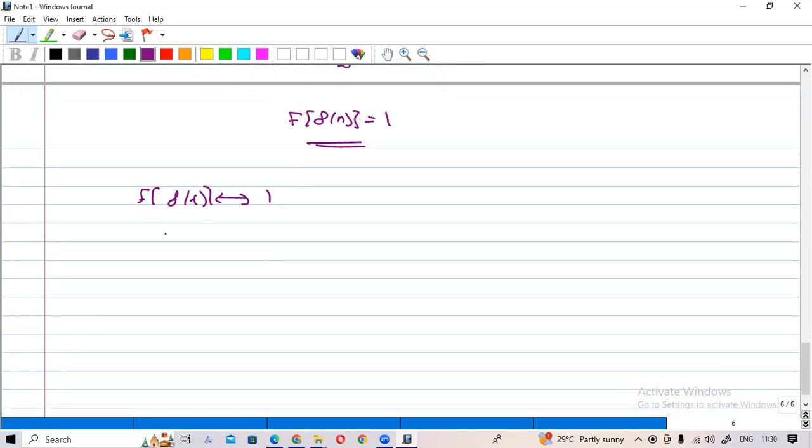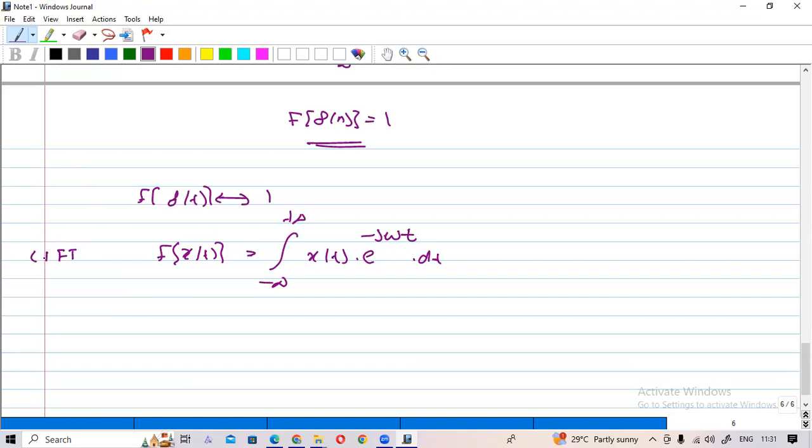For a continuous time signal, the Fourier transform of x(t) is the integral from minus infinity to plus infinity of x(t) e to the power minus j omega t dt. This is the continuous time Fourier transform.